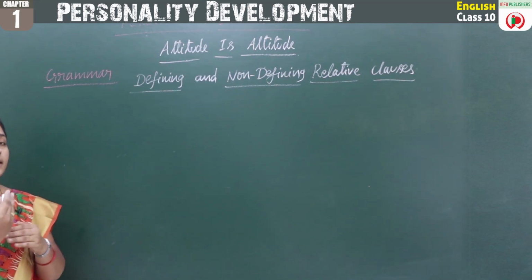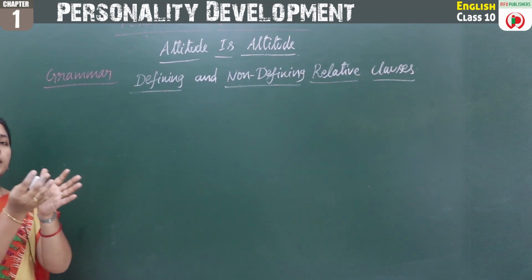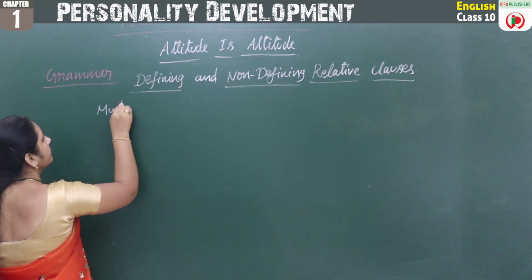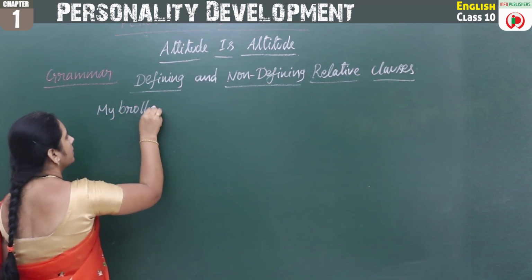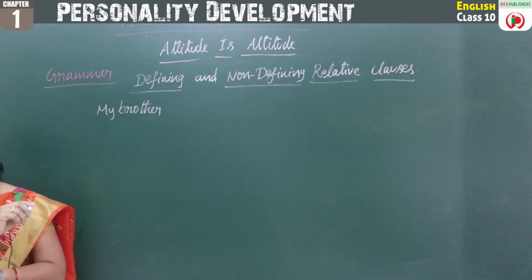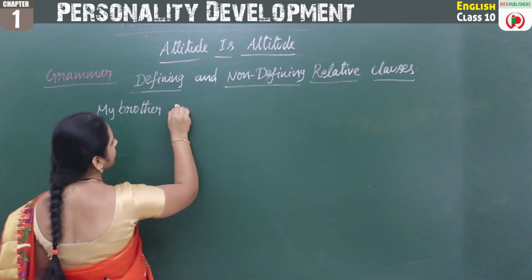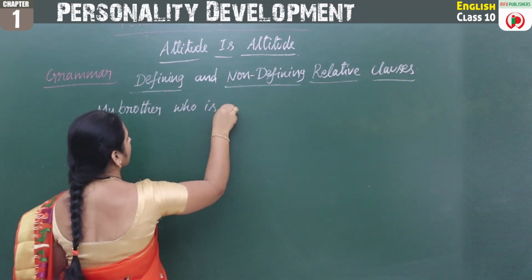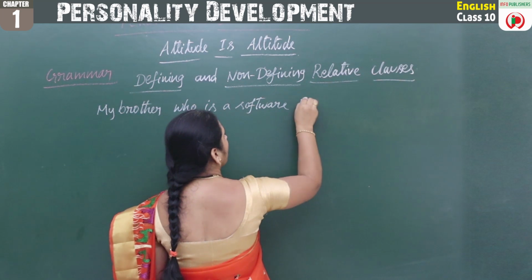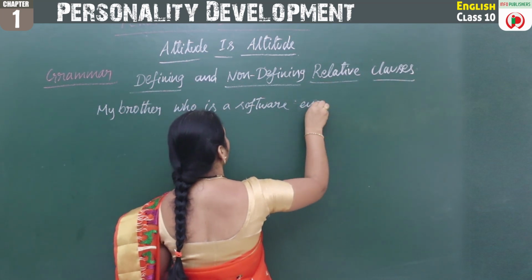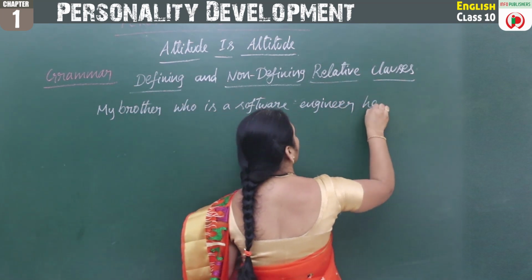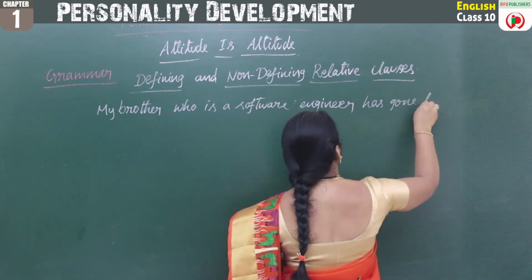See children, one more example. I'll explain the same sentence, defining and non-defining relative clause, both I'll tell you. So see that: my brother who is a software engineer has gone to USA.